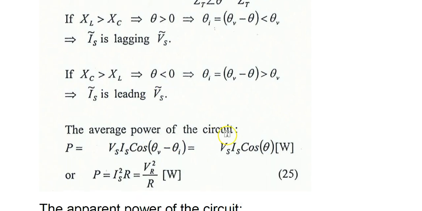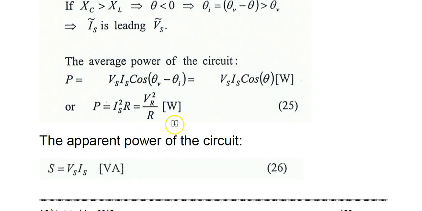Now, the average power of such a circuit can be computed from the similar formula that we have used earlier, where the effective power is just the RMS value of the supply voltage and the RMS value of the incoming current times the cosine of the voltage initial angle minus the current initial angle.